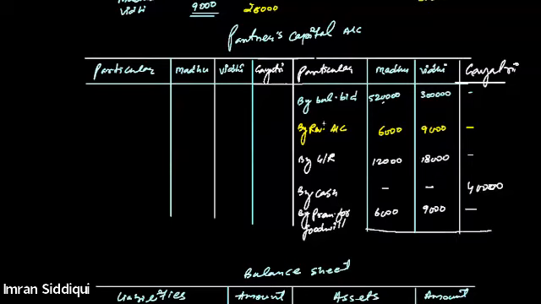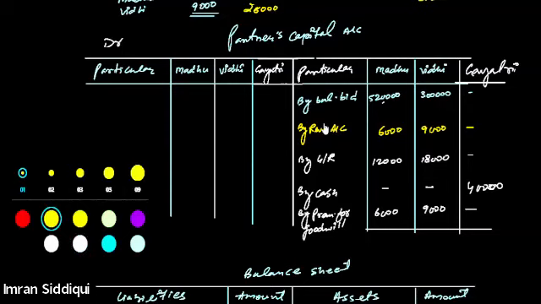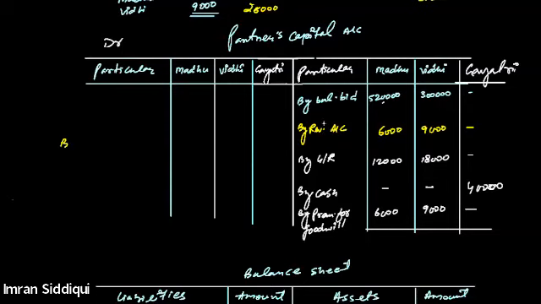Since there is no item on the debit side of the partners capital account, whatever balance we get here on the credit side will be considered the closing balance of the partners capital account. Let me write that: by balance c/d. Now let's find out the total value. 5,20,000 plus 6,000 plus 12,000 plus 6,000.